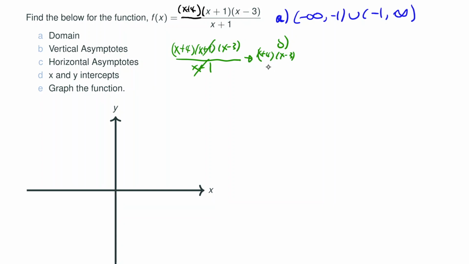So here, nothing makes this undefined, right? This is always defined, right? Let me write that a little better. X plus 4 times x minus 3 is always defined. There's no x value I can plug in to make it undefined, right? So there's no vertical asymptote for this rational function.